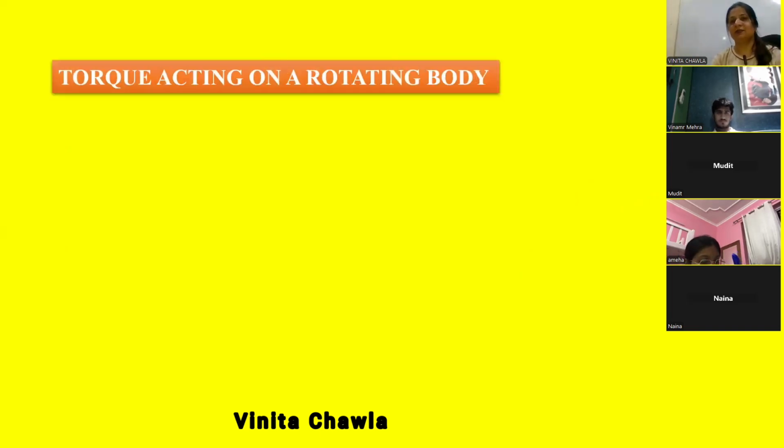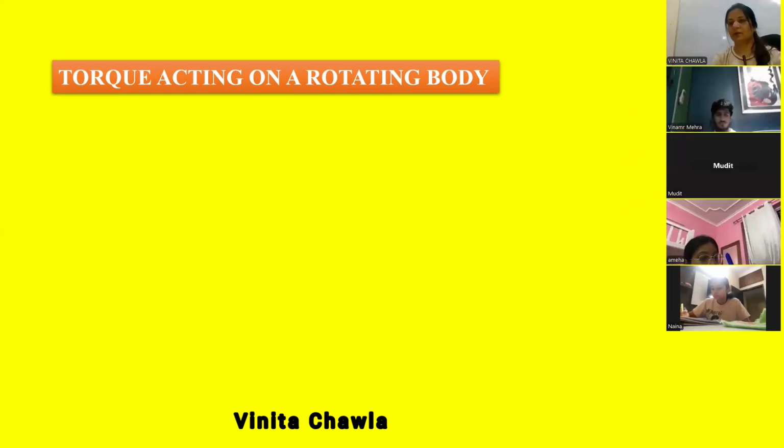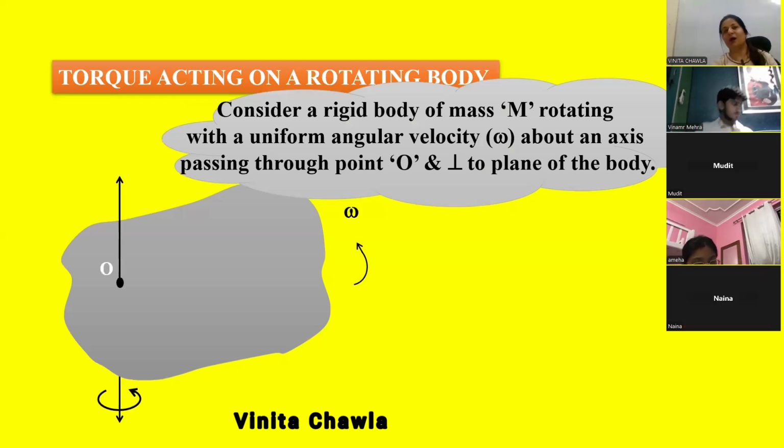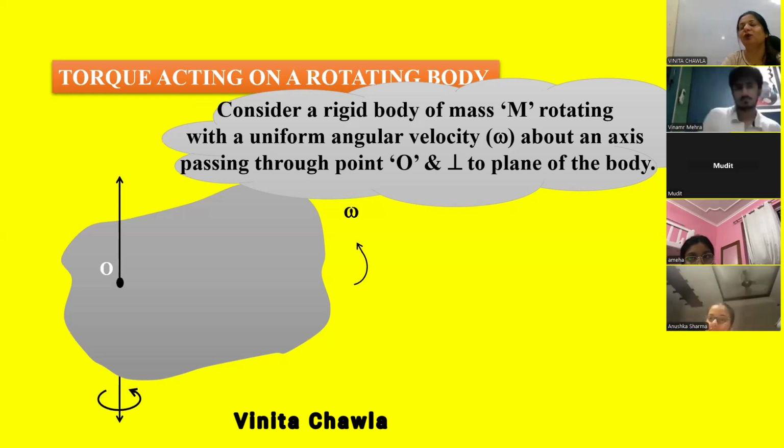Now write this heading: torque acting on a rotating body. Consider a rigid body of mass m rotating with a uniform angular velocity omega about an axis passing through the point O and perpendicular to the plane of body.